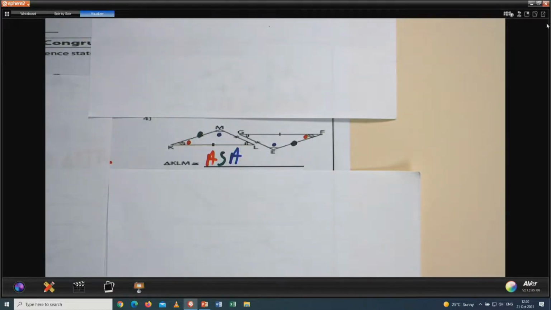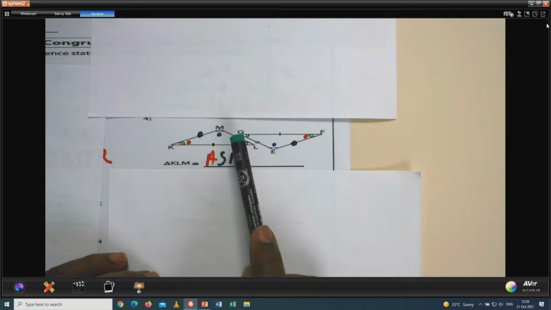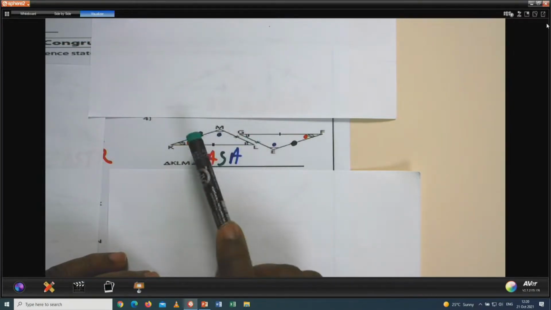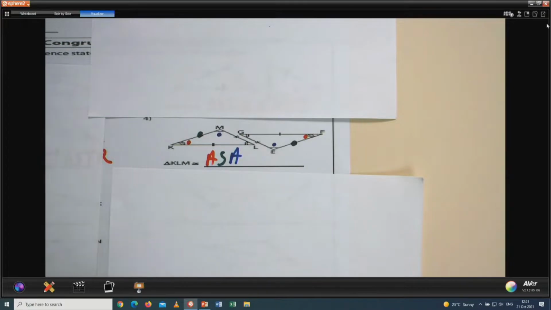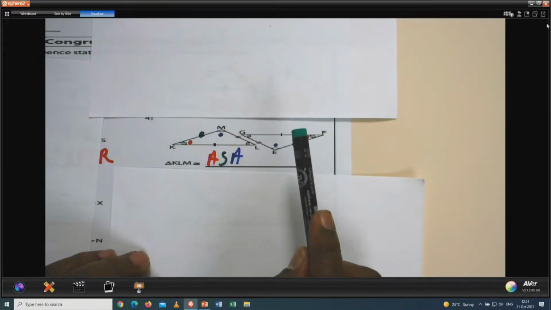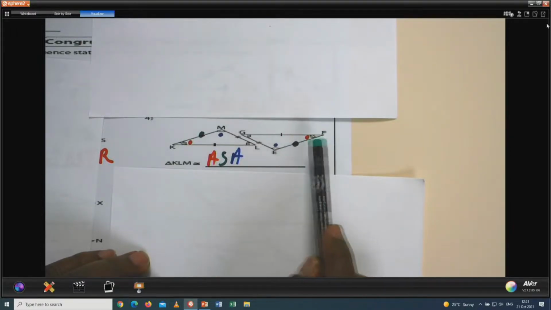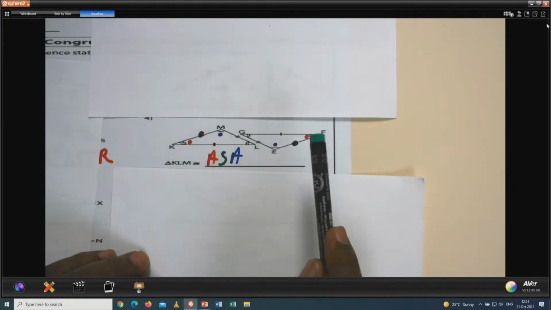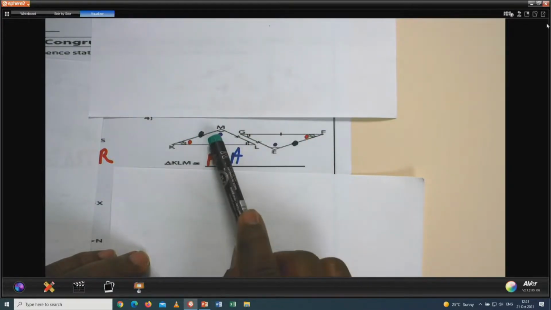And that is not the only way. Because you can also say side and a side, angle and a side. That's another way of looking at it. This side equals that side. This side equals that side. This angle equals that angle.